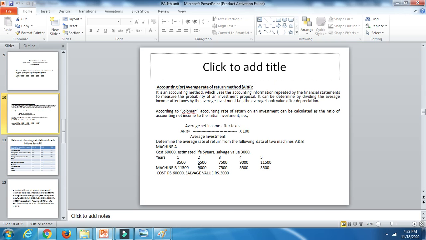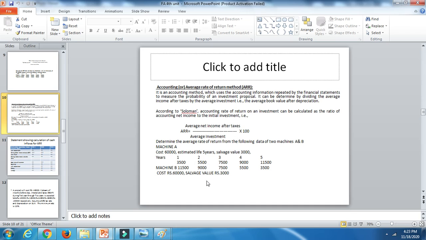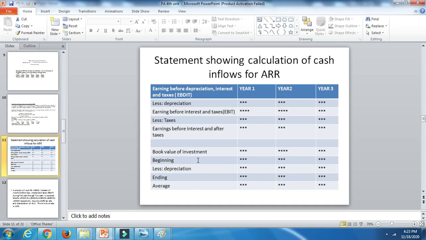He'll give you earnings before interest and tax, depreciation and tax. So even if any depreciation is there, you need to minus it from this amount. If any tax is there, you need to minus that amount also. So this value you need to take over here.